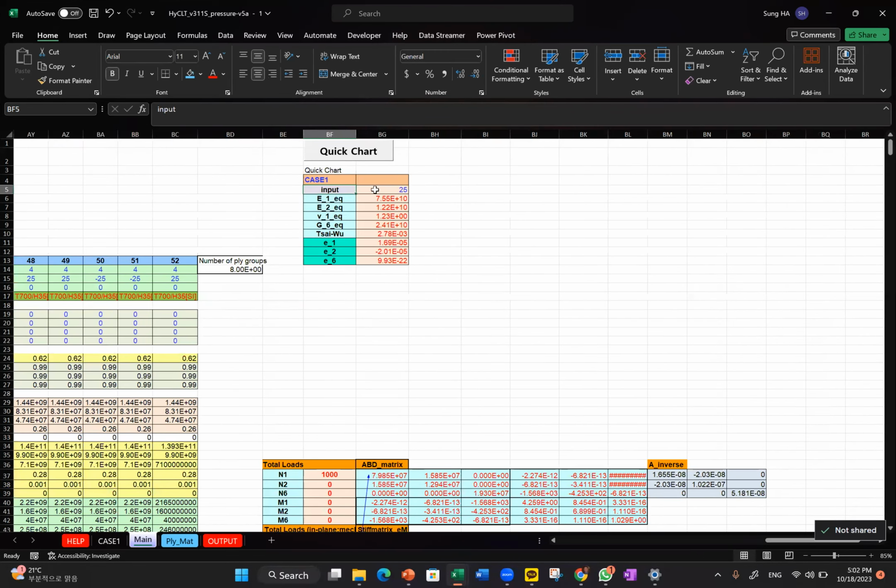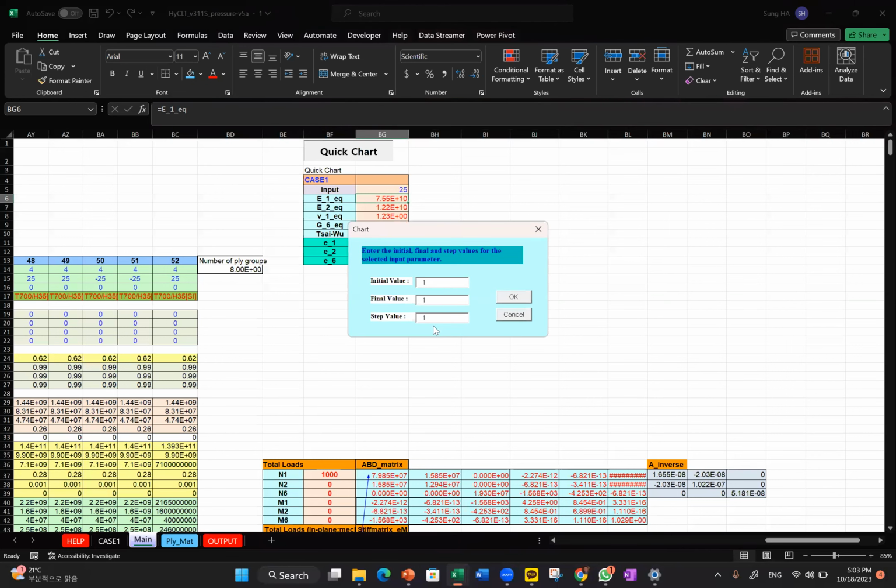If we would like to change the angle and the strain, I mean the stiffness and the equivalent stiffness and so on, then if you click this, the input value can range from 0, and the final is 90, and the step value like 5.